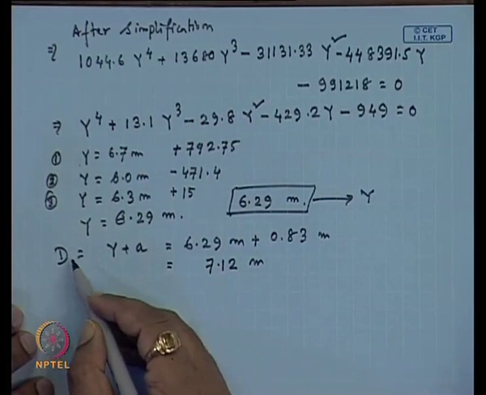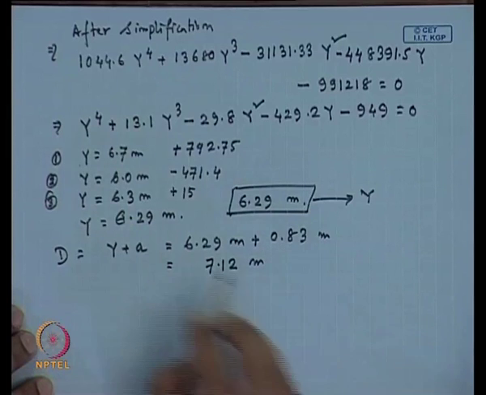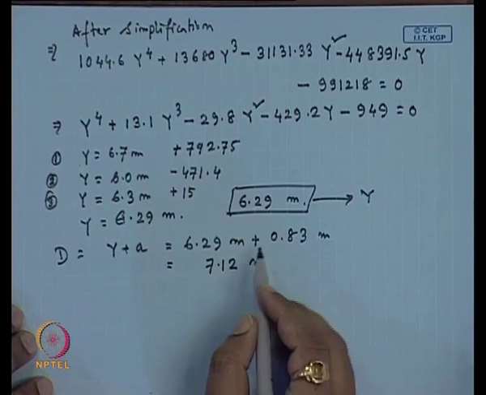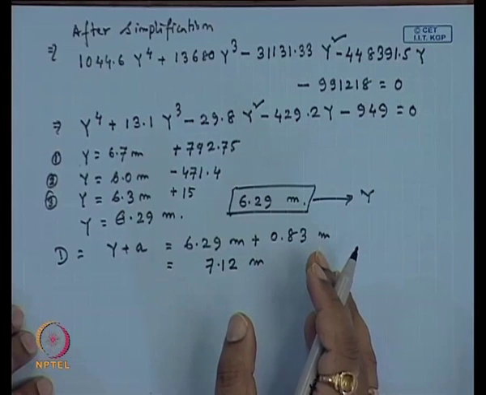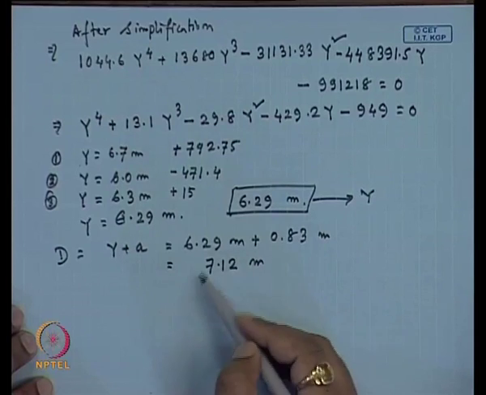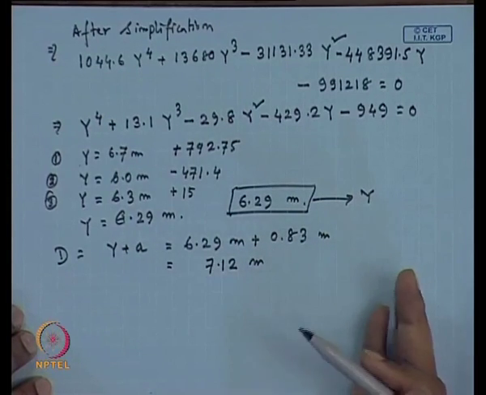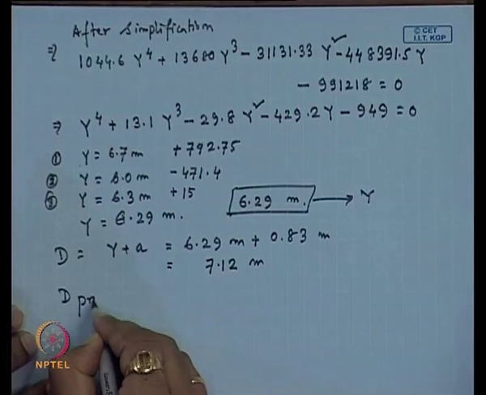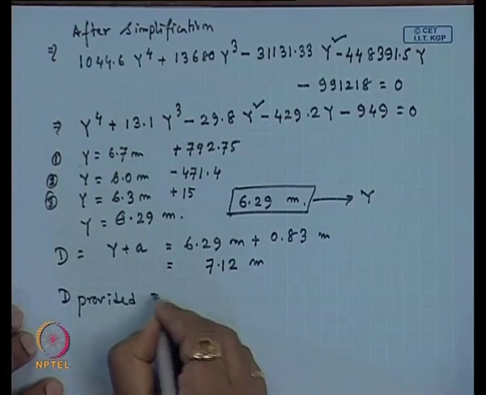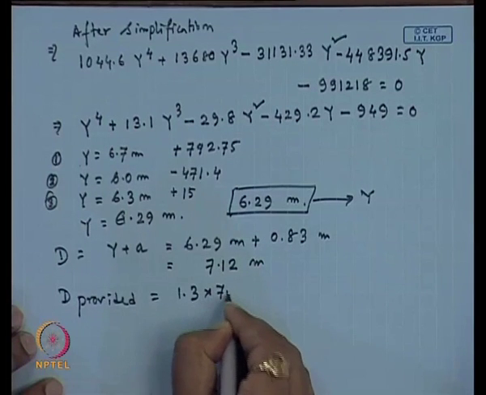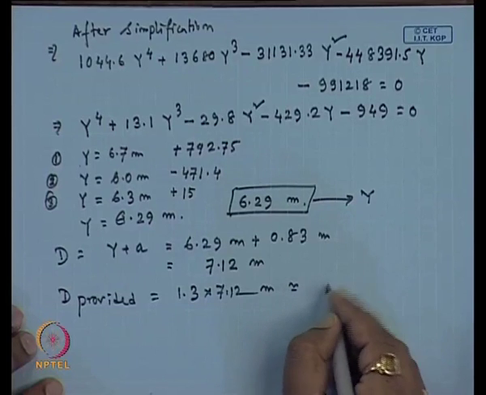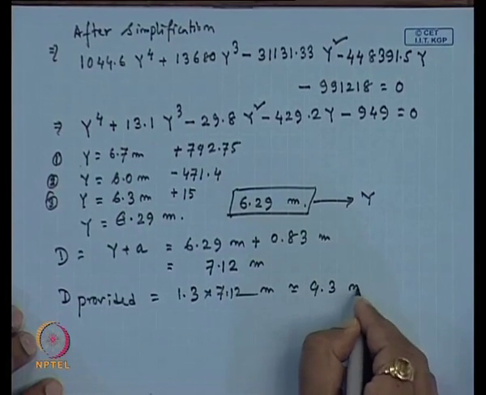Now, this d that we are getting from the calculation, as I mentioned in the previous lecture, we have to increase by 20 to 30% because of the factor of safety. Now, if I increase this d by 30%, d provided will be 1.3 into 7.12 meter. So, this is close to 9.3 meter.